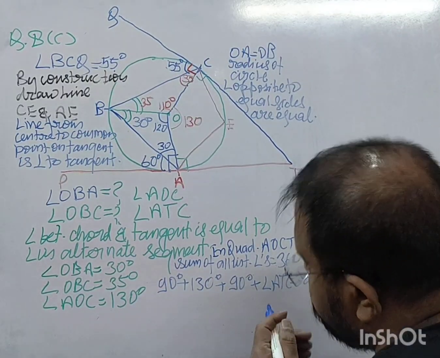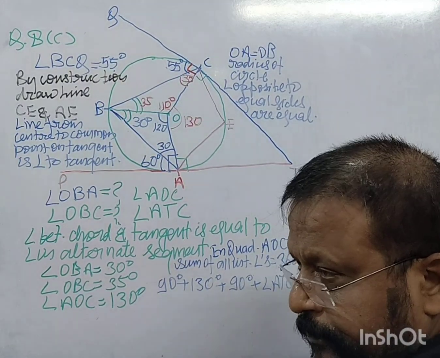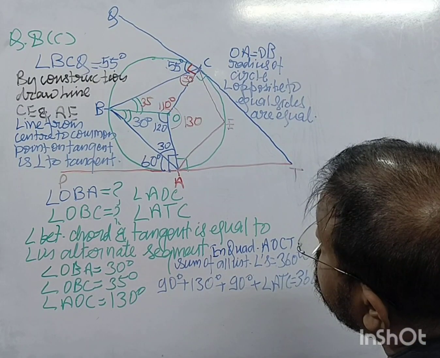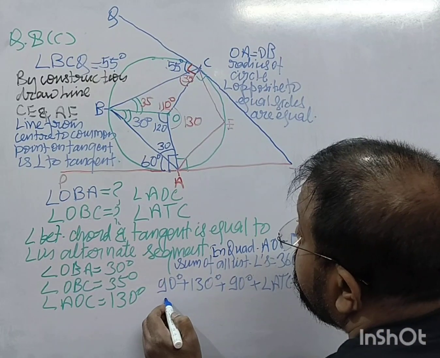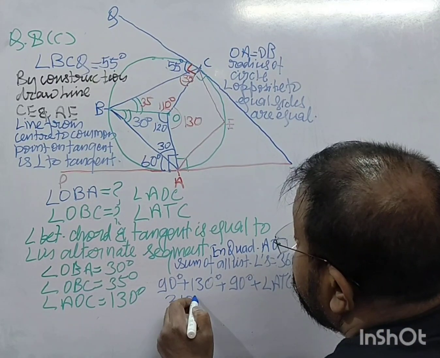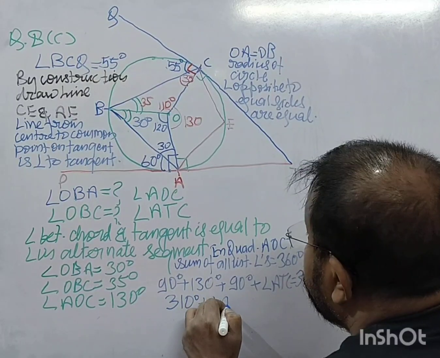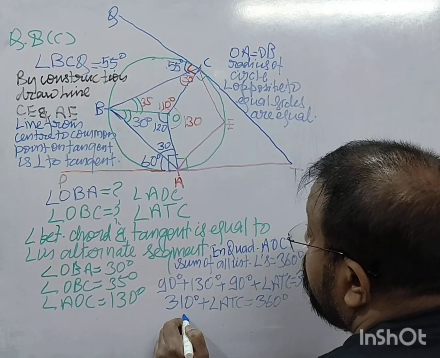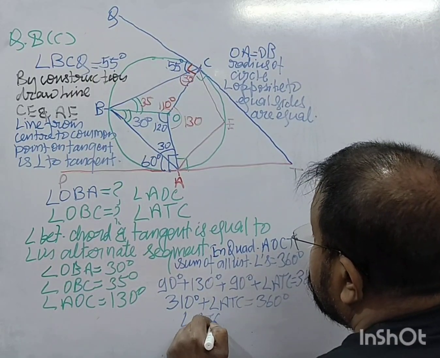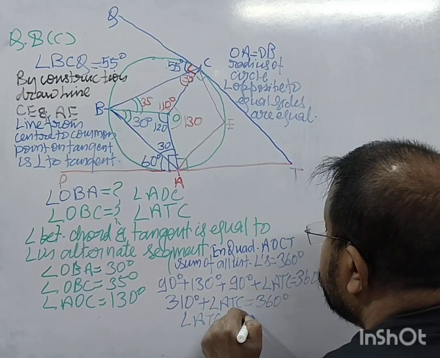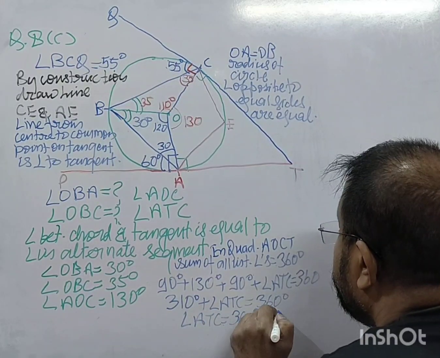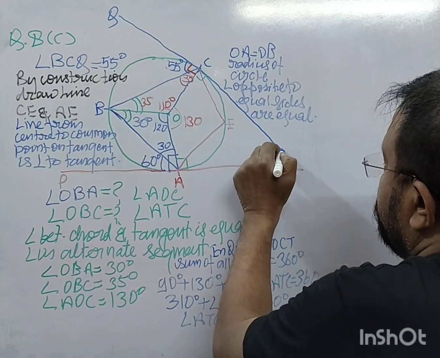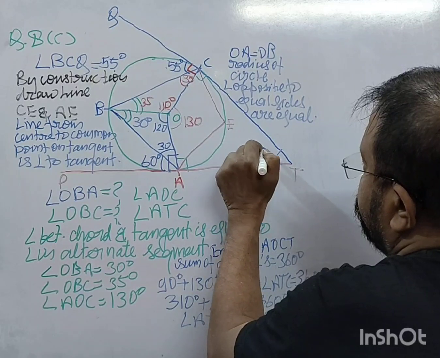This is how much? 310. So 310 plus angle ATC is equal to 360 degree. So angle ATC is equal to 360 degree minus 310 degree becomes 50 degree.